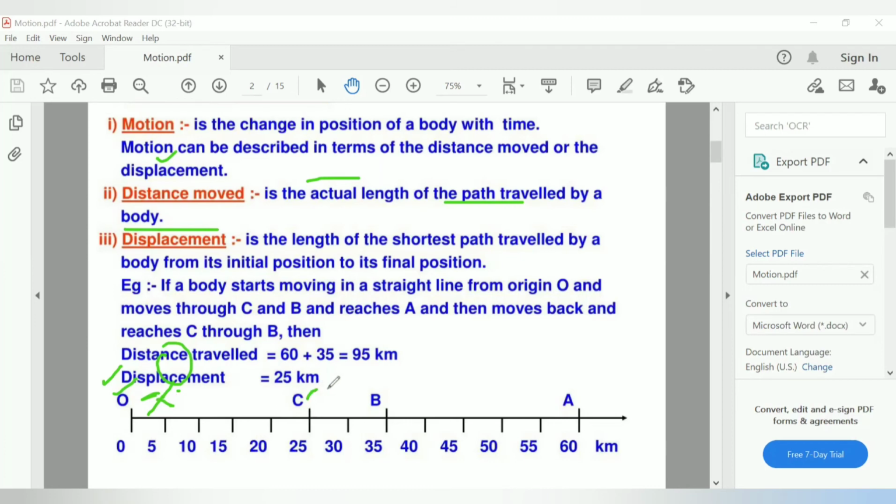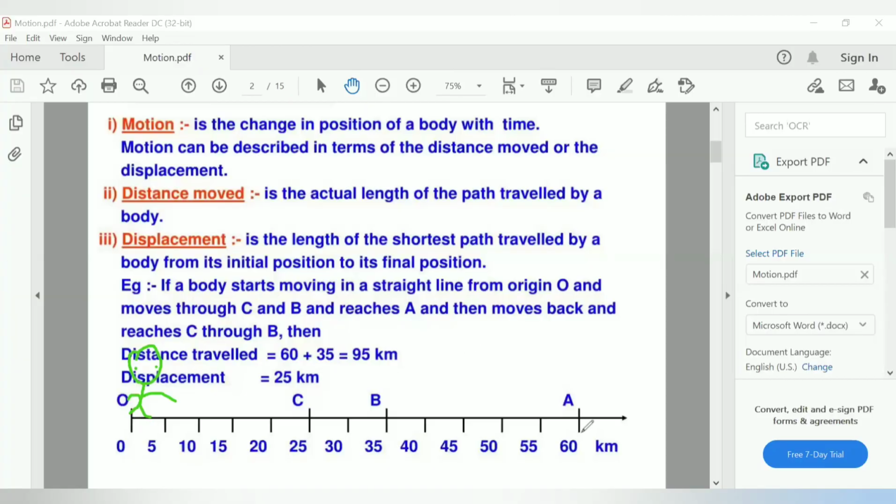After that he moved to point B, and from point C to point B he has covered 10 kilometers. From point O to point B it is 35 kilometers, right? Again, he covered from point B to point A another 25 kilometers.